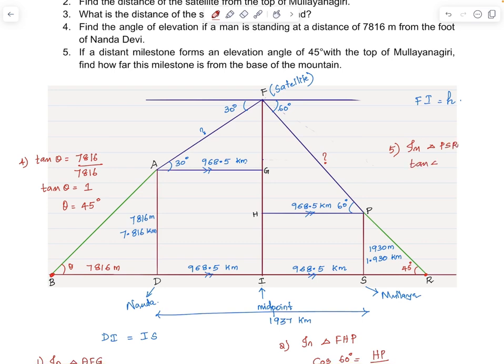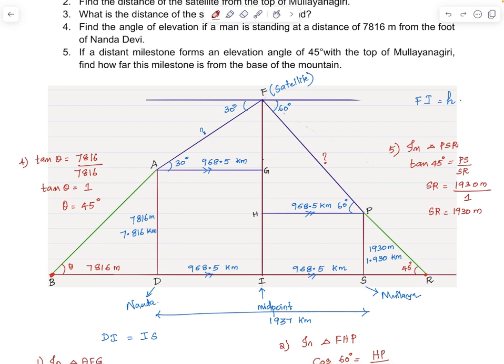Tan 45 is equal to PS upon SR. SR is equal to PS, 1930 meters upon 1. So SR is equal to 1930 meters. That is, the milestone is at a distance of 1930 meters from the foot of Mullanagiri.